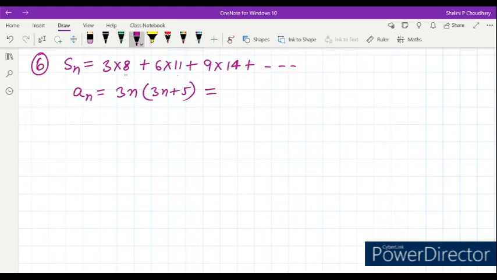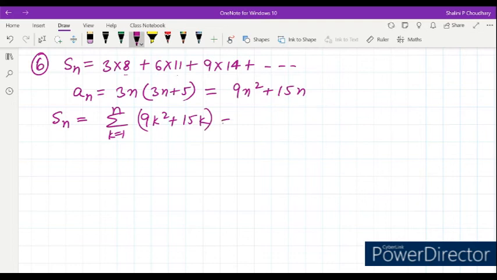So this value will be 9n square plus 5 into 3, 15n, right? So S_n will be summation of k equals 1 to n of 9k square plus 15k.